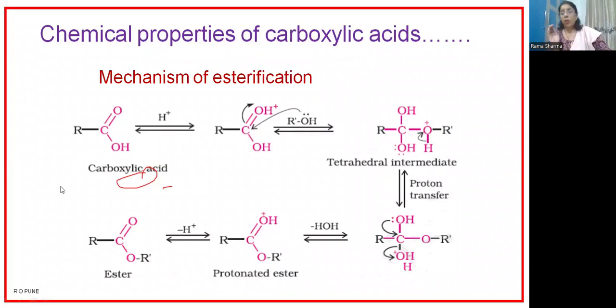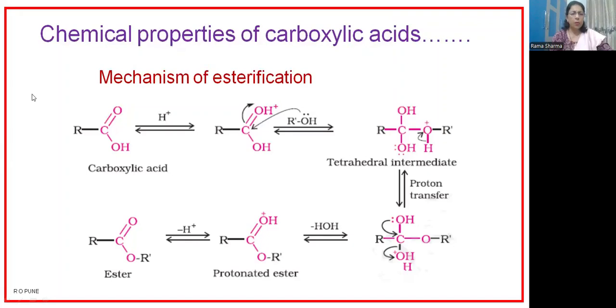During esterification, it may be expected that since carboxylic acids are acidic in nature, they must give H plus and the alcohol should give OH. But if we look at the mechanism, at the end we must be able to understand that during the formation of ester, the OH group is given by the carboxylic acid and H plus is given by the alcohol.